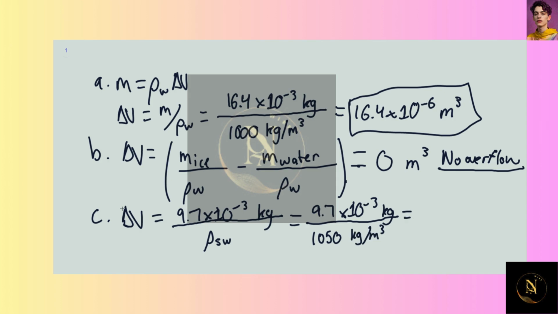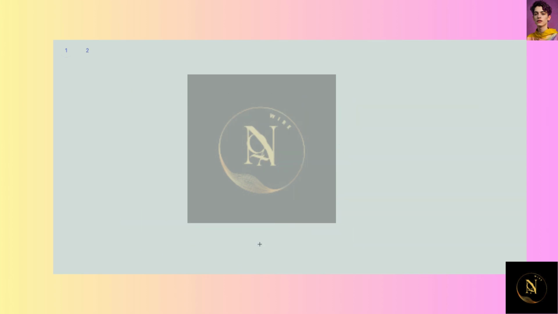And we have that the volume that is displaced here is going to be 9.24 times 10 to the negative 6 meters cubed. And at this point, we can say, okay, if this ice cube were to melt, what would be the change in volume?